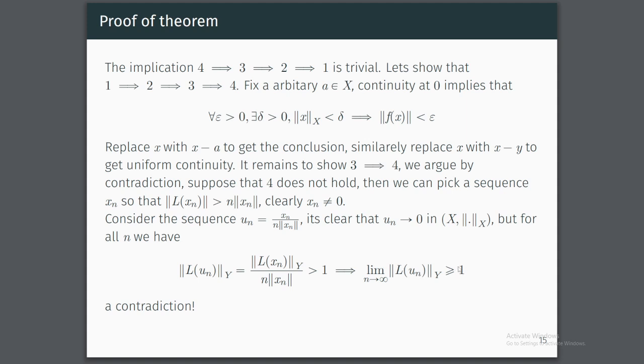But that's a contradiction. Can someone tell me why this is a contradiction, keeping in mind we're working in normed spaces? We found a sequence that converges to 0, but the limit of norm of L of un is greater than 1. Well, why is that a problem?